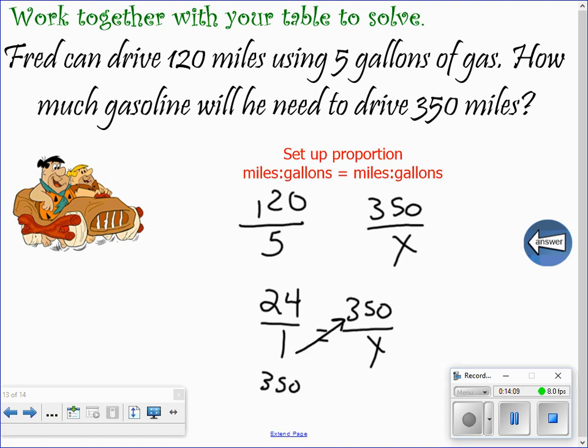If I multiply 1 times 350 equals 24x, and then all I'm having to do is divide 350 by 24 to give us 14.583 repeating. So about 14.5 gallons of gasoline is what he'll need to go 350 miles.